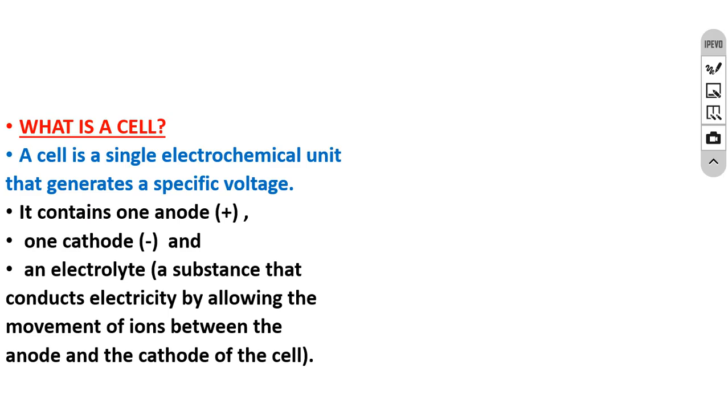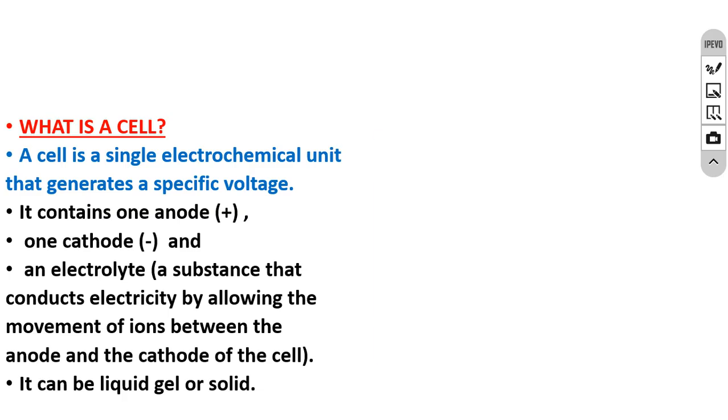So that substance in that cell that helps in the conduction of electricity is referred to as the electrolyte. And the electrolyte could be either liquid or in the form of gel or solid as well.